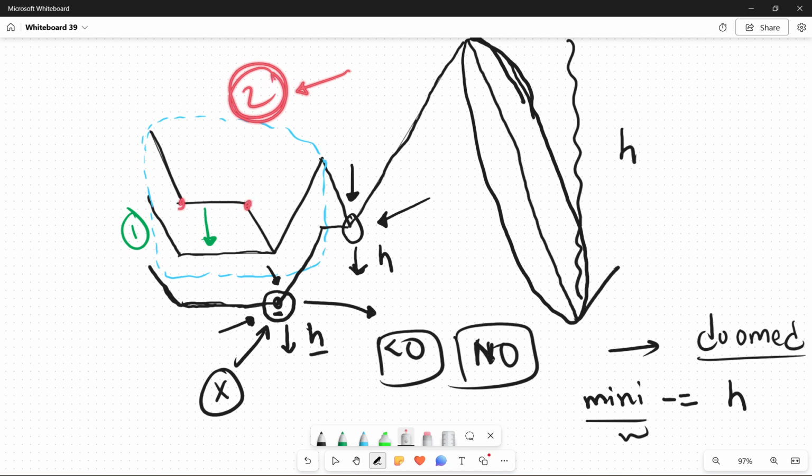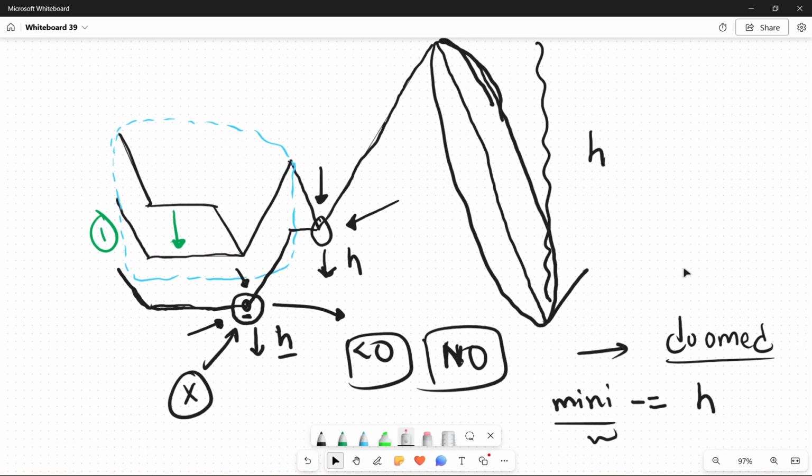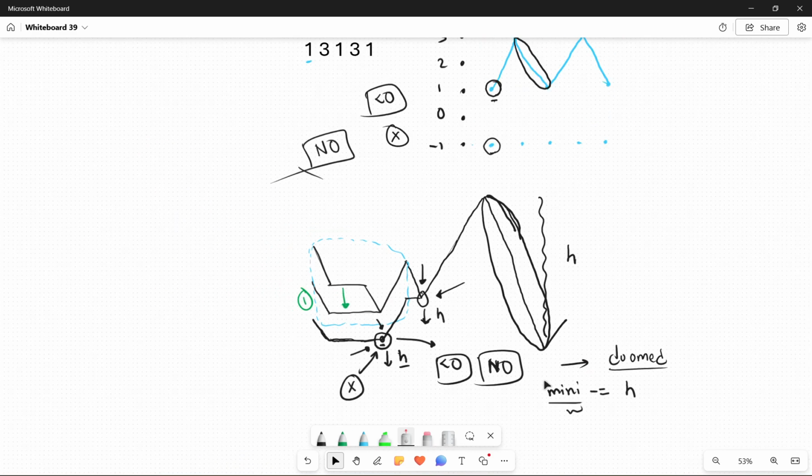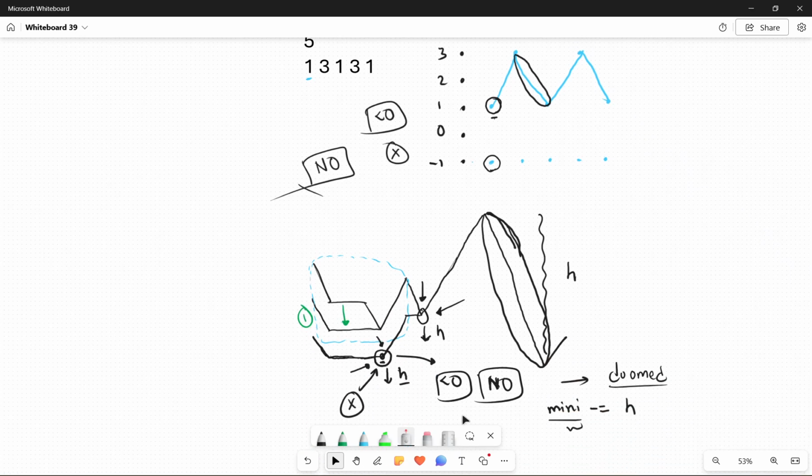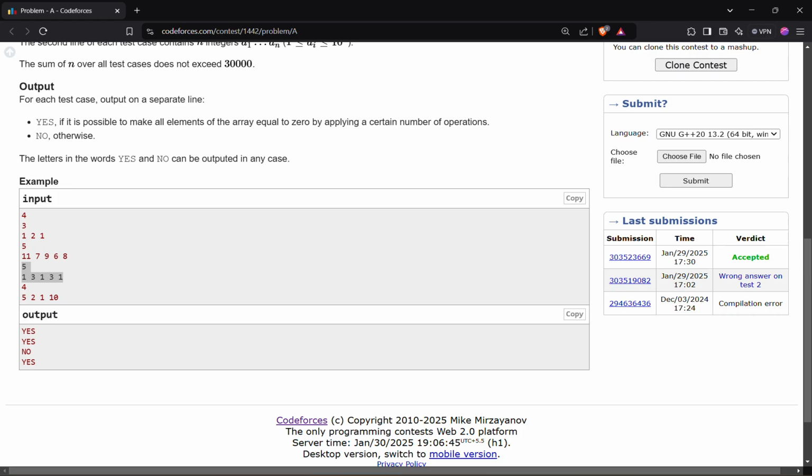Till then your mini is something like here. But when you decrement this portion down to this height, then your mini is changing here. So that's basically the thing, you have to take care of that as well. So I hope that is basically the whole solution for the problem. I hope you understood it. Let us head towards the code.